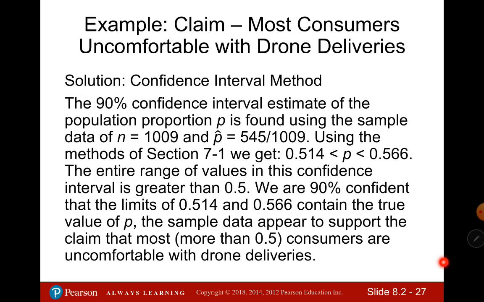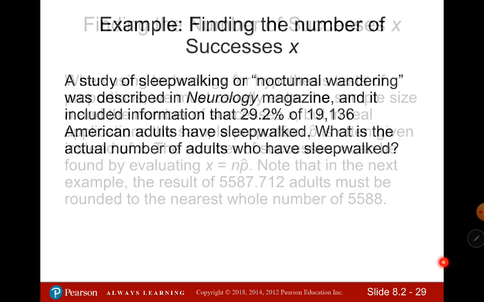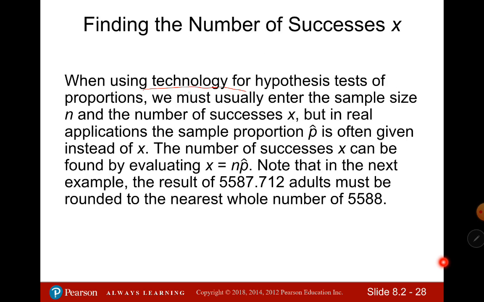Of course, we could use technology to help us do the test, so we will skip this part. We could use technology to help us find the number of successes x.